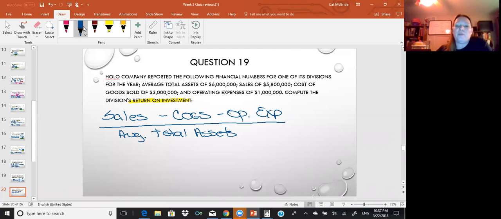Holo Company reported the following financial numbers for one of its divisions for the year. The average total assets of $6 million. Sales of $5,800,000. Cost of goods sold of $3 million. And operating expenses of $1 million.